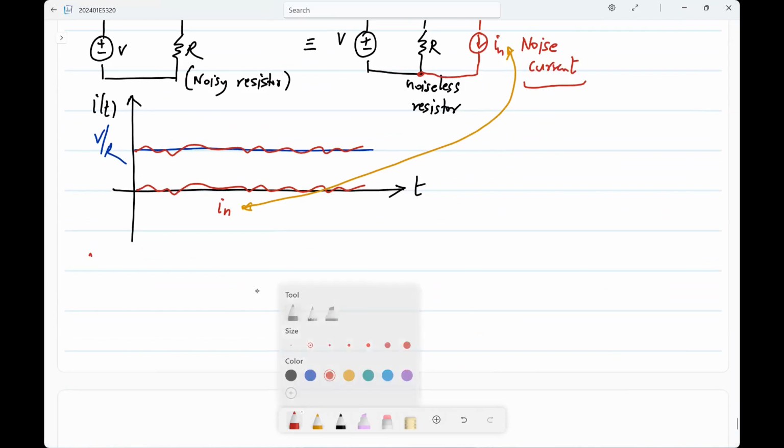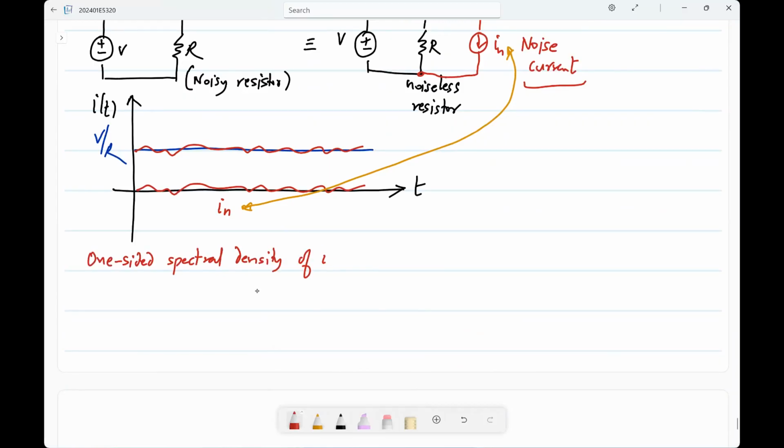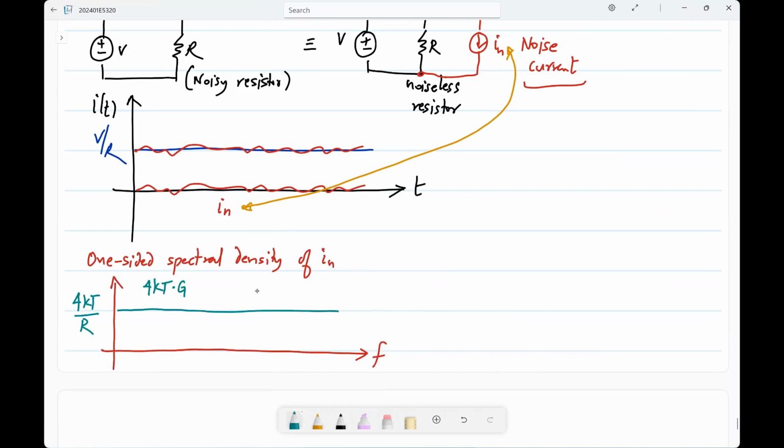So this one-sided power spectral density of IN is, it turns out, a constant of value 4 kT divided by R, which is the same as 4 kT times the conductance. Okay, where K and T are Boltzmann's constant and absolute temperature. Okay.